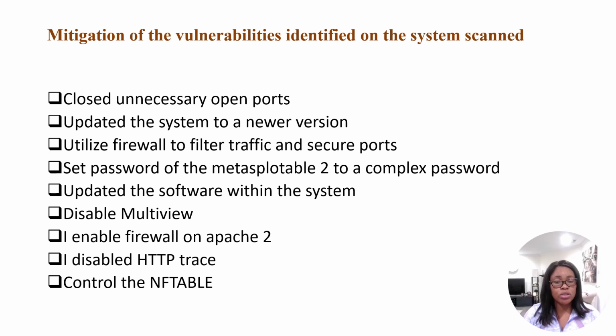I set the password of the Metasploitable 2 to a complex password so that no one can get access to it. I updated the software within the system. I disabled multi-view. I enabled a firewall on Apache 2. I disabled the HTTP trace and then controlled the nf table.